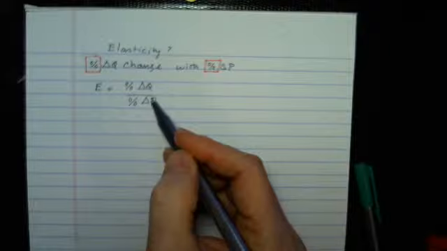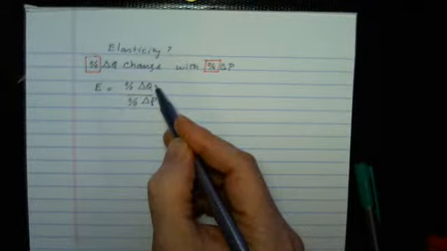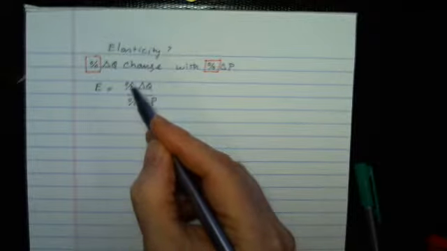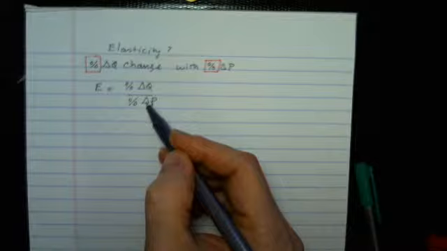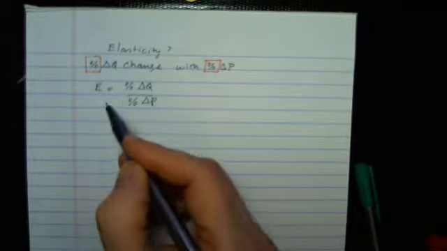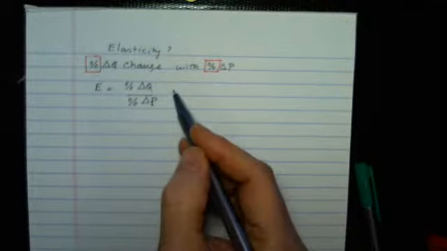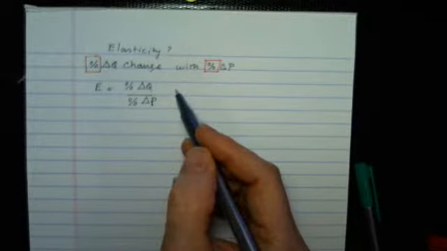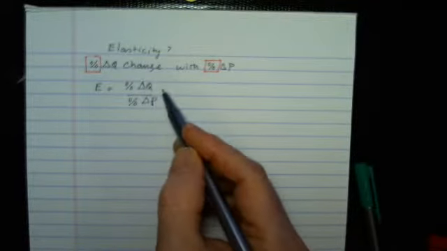In case of supply, whenever you raise the price, quantity will increase, so it's a direct relationship. Both numerator and denominator are positive, so the elasticity would turn out to be a positive number. We typically measure elasticity in absolute terms. We don't really put the signs in there, but it is understood that for demand it is negative, and for supply it's a positive number, this ratio.